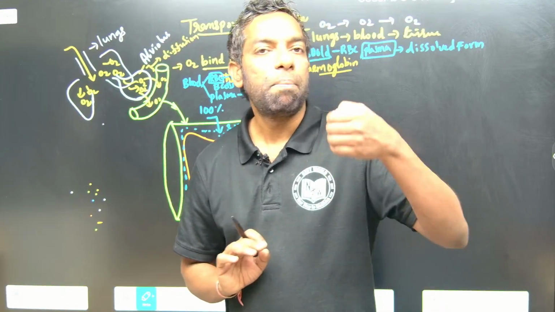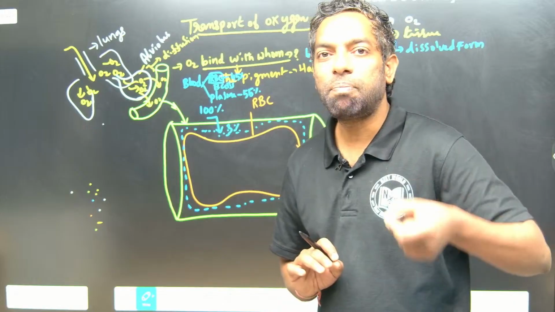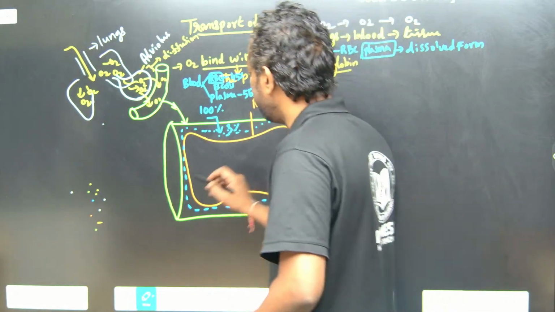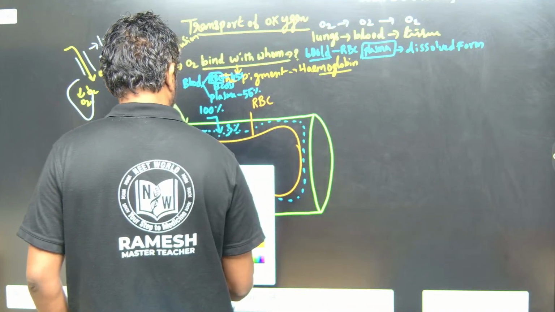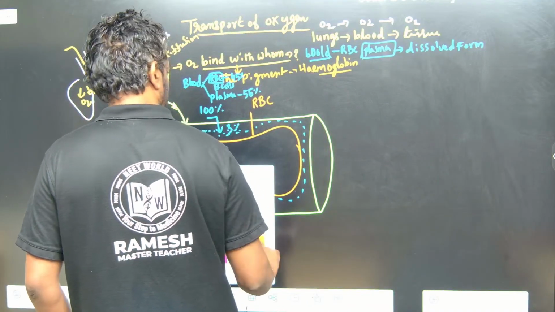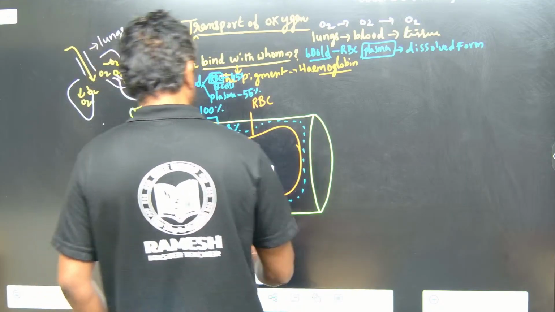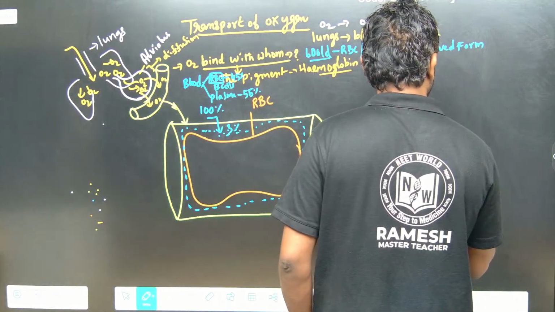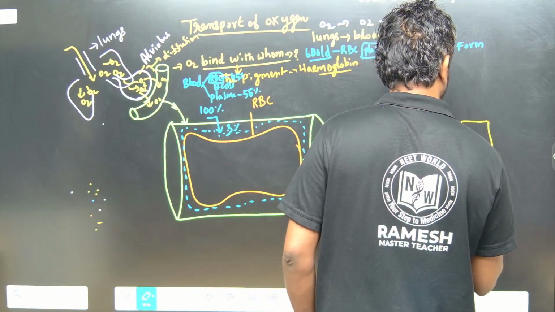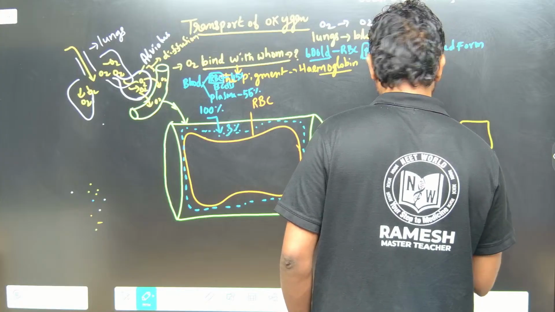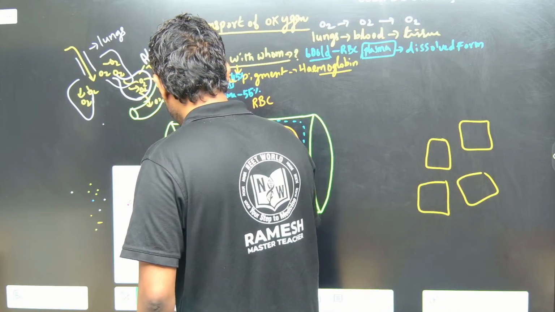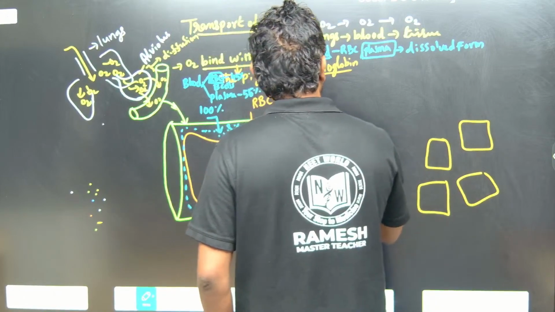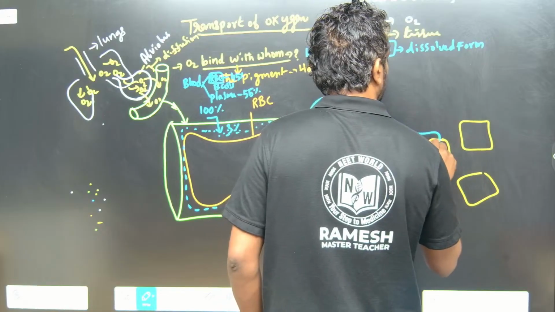In that way oxygen can dissolve in the plasma only 3%, which can be delivered to the tissue. This is the tissue. This 3% of oxygen is directly delivered to the tissue.